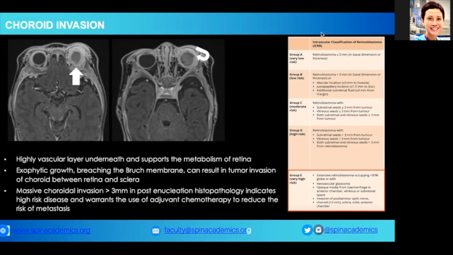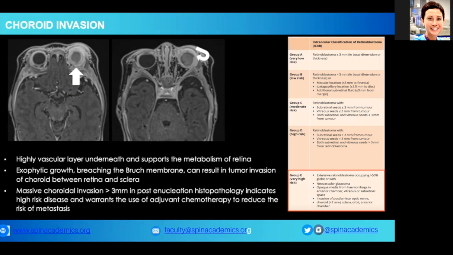Now, the choroid is a highly vascular layer underneath that supports the metabolism of the retina. Exophytic growth breaching the Bruch membrane can result in tumor invasion of the choroid between the retina and the sclera. Traditionally, enucleation of the globe is recommended for retinoblastoma with choroid invasion.